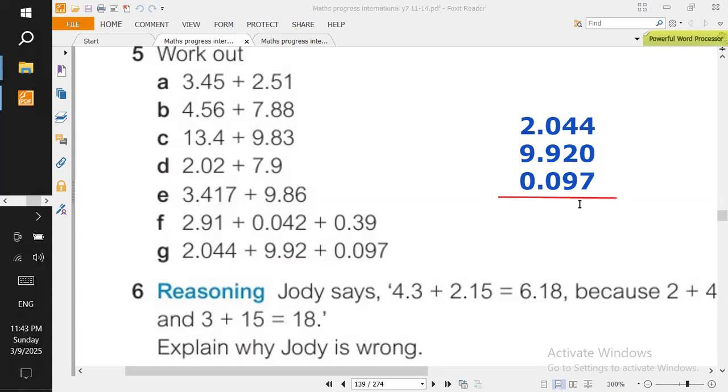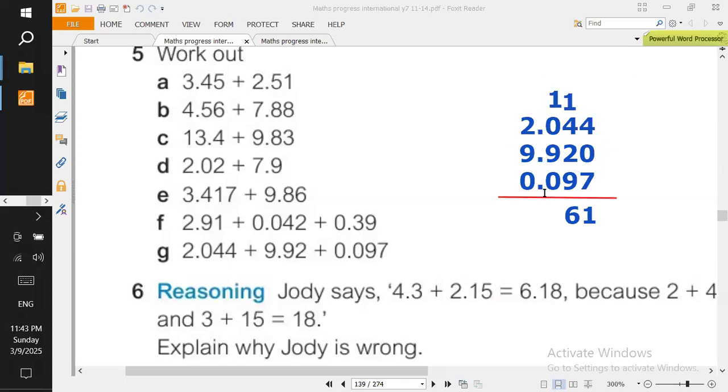So 4 plus 7 is going to be 11. So 1, and we have 1 here on top. 1 plus 4 is going to be 5. 5 plus 2 is going to be 7. And then plus 9 is going to be 16. So 6, sorry, and 1. Same idea. 1 plus 0 is 1.